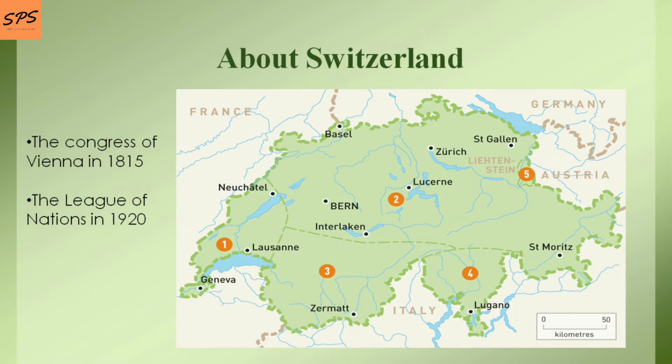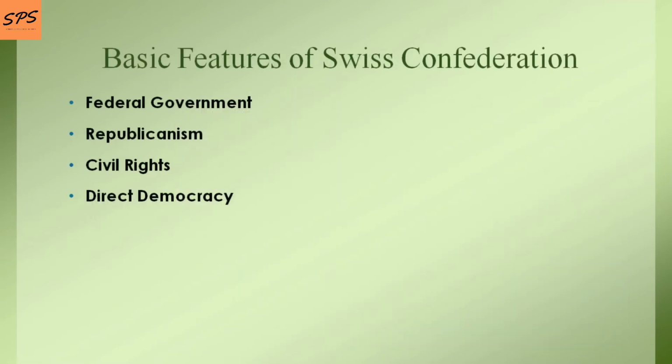So, what are the basic features of the Swiss Confederation? The first one is federal government. The Republic of Switzerland is known by the former title of Swiss Confederation. Switzerland's polity is federal, although Article 1 of the Swiss Constitution describes it as the Swiss Confederation.